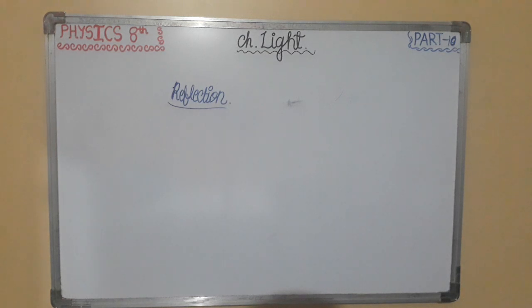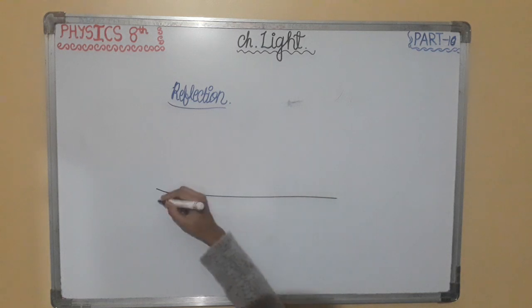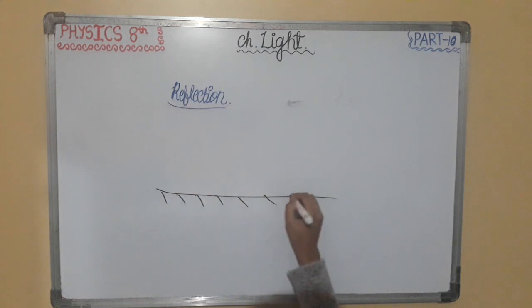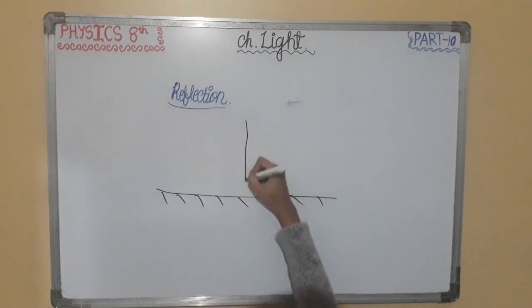We'll see a diagram for better understanding. So the diagram is this. This is the mirror, this is the normal.